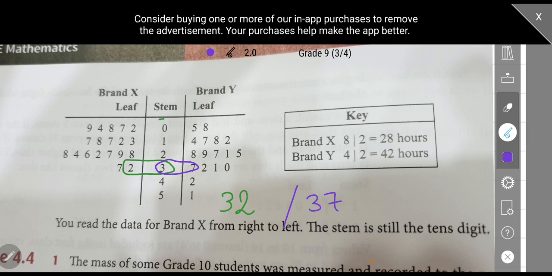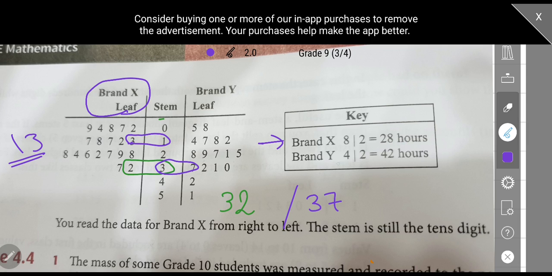Okay, look at the key for brand X, 8|2. Look carefully. For brand X, if I have 8|2, it means the opposite, 28. If I have 3|1, it will be 13. For brand X. For brand Y, because it's the opposite side, that's why the key is very important.